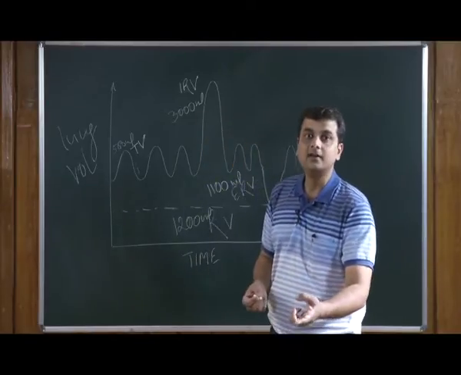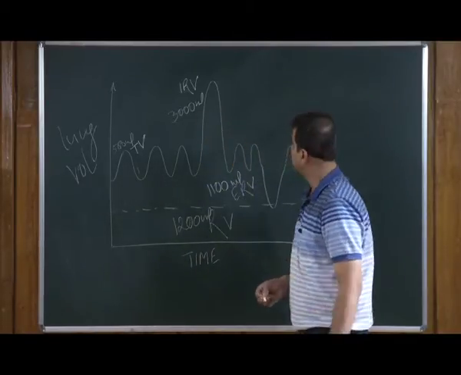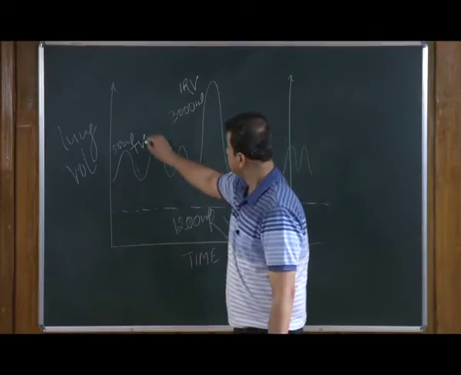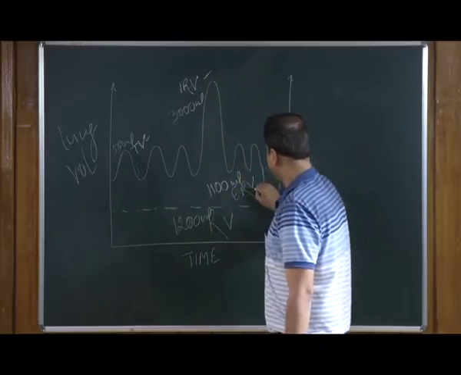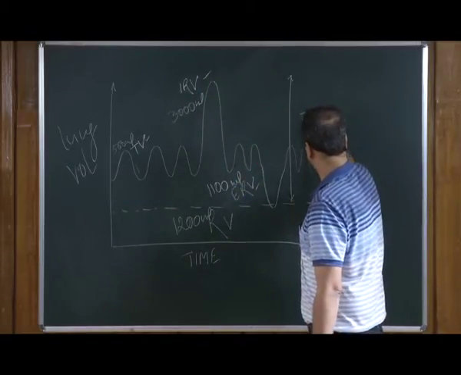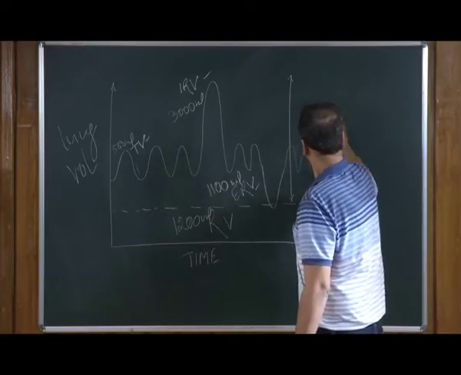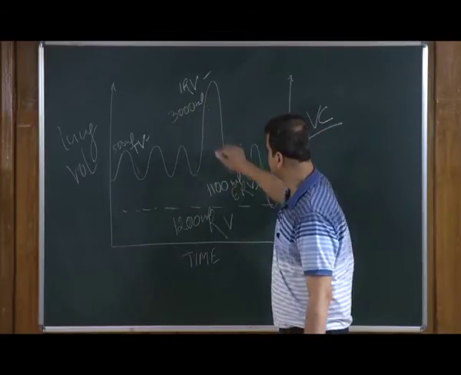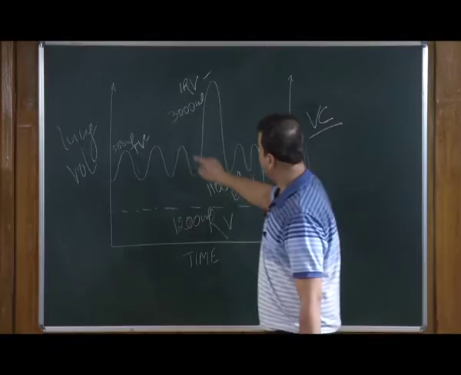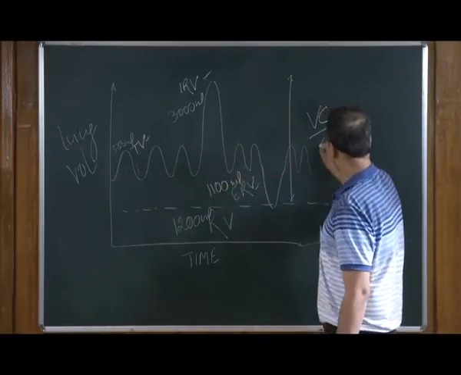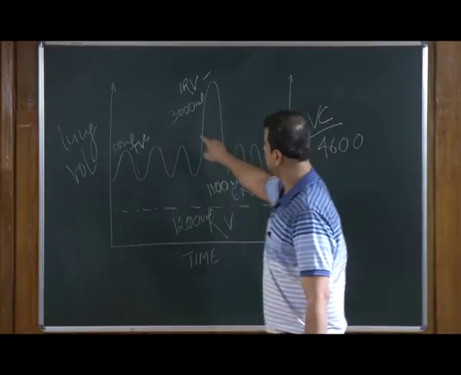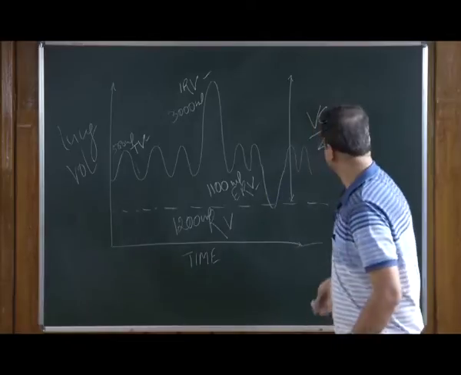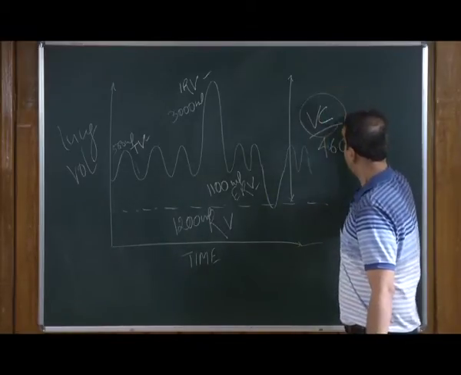So, what we are discussing here is what is vital capacity. Vital capacity is nothing but the mixture of these 3. If we add tidal volume, inspiratory reserve volume, and expiratory reserve volume, what we get is called vital capacity. If we add, this comes to approximately 4600 ml, which we call vital capacity.